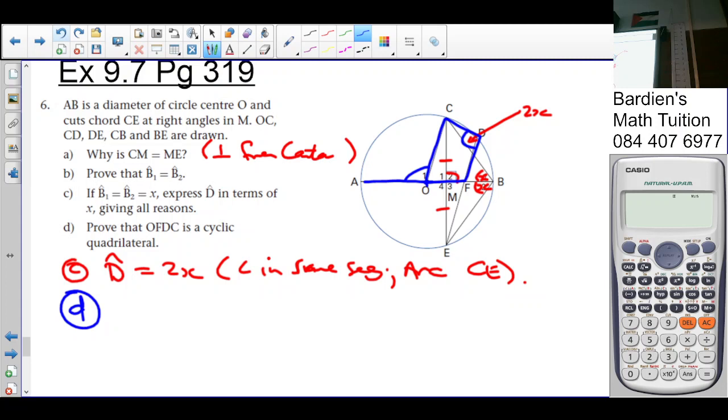How else do we prove cyclic quads? Equal angles subtended by the same chord, and opposite angles supplementary. I could have used that as well. Okay. But people, O1 is equal to 2x. Why? Why is O1 equal to 2x?